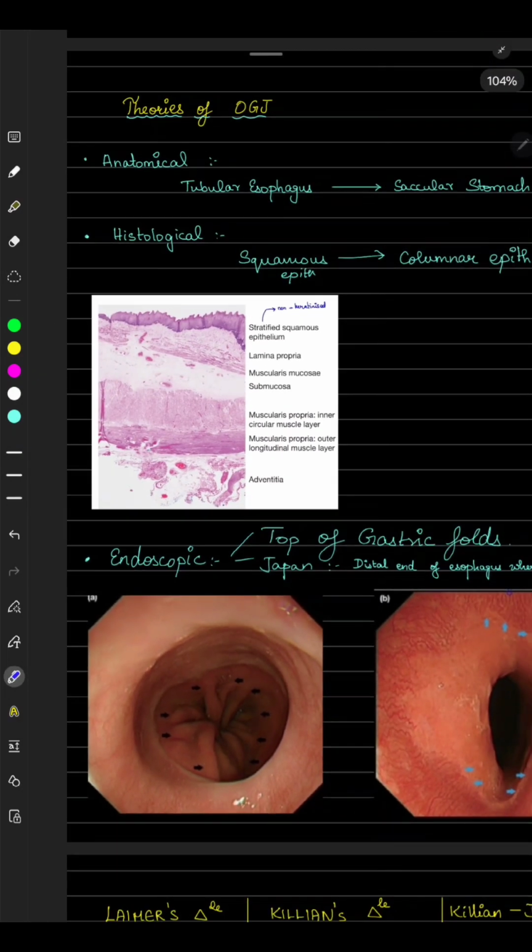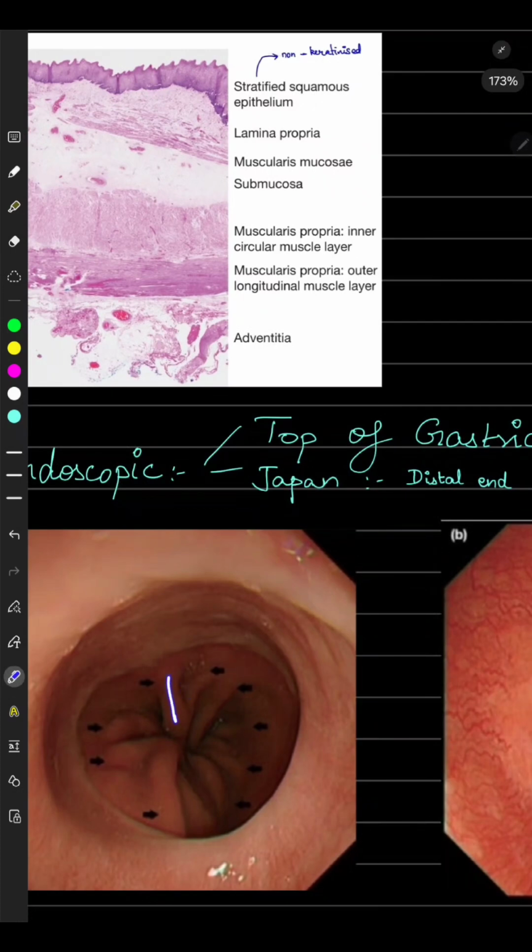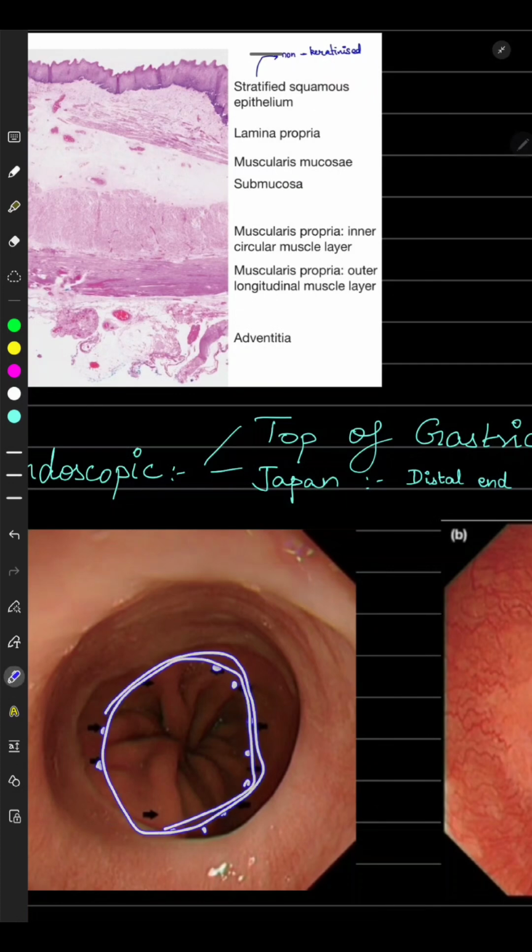So you see here, this is the top of the gastric fold, right? This again is the top. This is the top of a gastric fold. If you continue like this for every gastric fold, it will form a circle. So this is what they call the gastroesophageal junction. Okay. Now you will be able to understand, I guess.